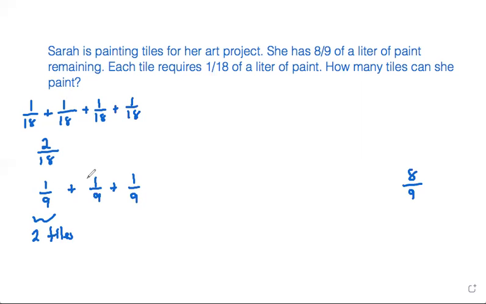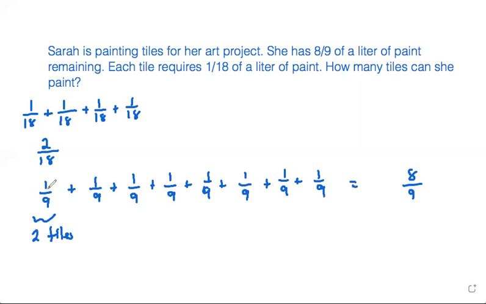So this would be 2, 4, 6, 8, 10, 12. Let's see, so we have 1, 2, 3, 4, 5, 6, 7, 8.